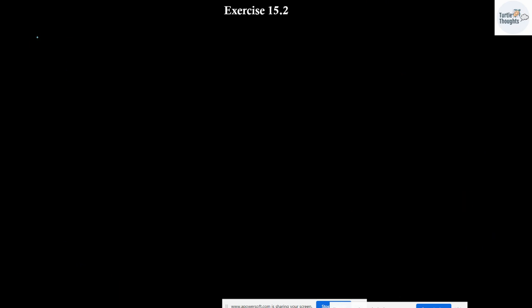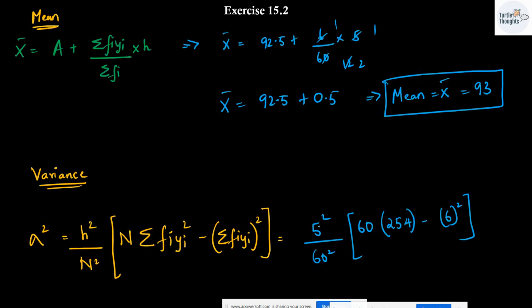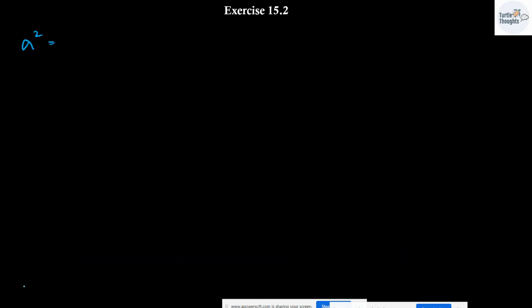When I solve this, I will be getting the value for variance. So sigma square is going to be, here I can write this as 5 and 12, right? 60 and this 60 will be getting cancelled. 25 and 60 will be left out.